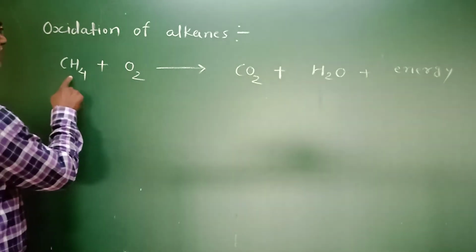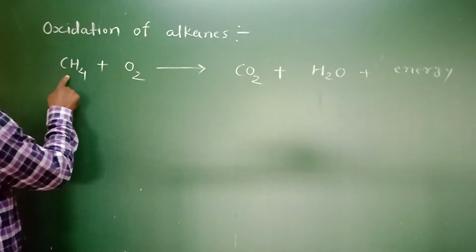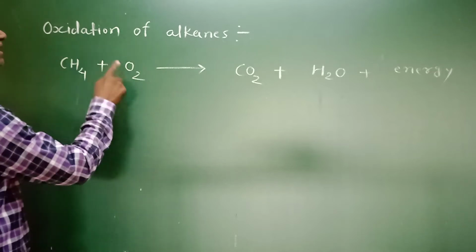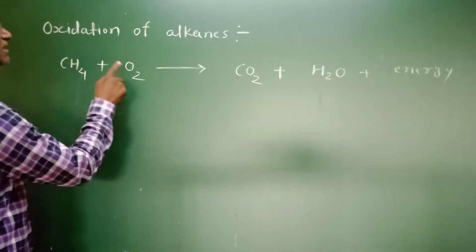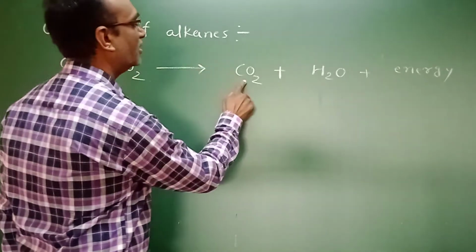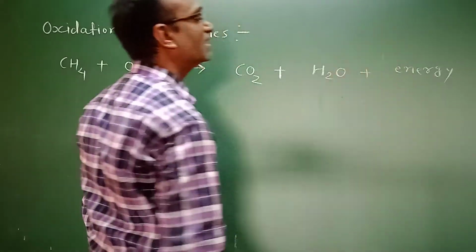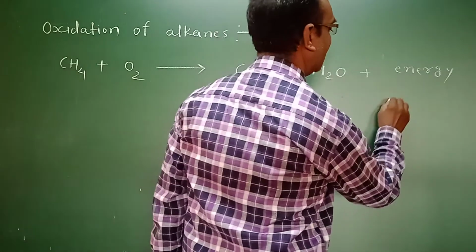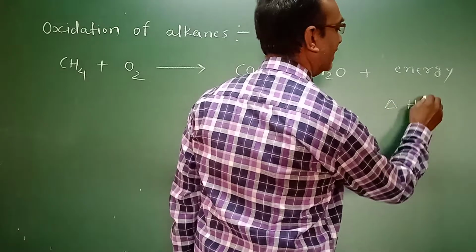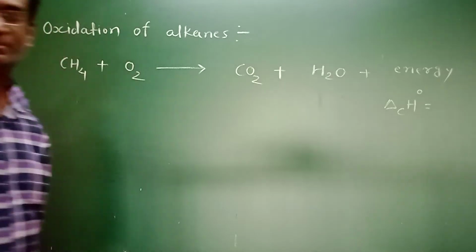That means if we heat this methane in air, it reacts with oxygen present in air to form the corresponding CO2 and H2O. During this reaction, a high amount of energy is given out, which is indicated by the enthalpy of combustion or standard enthalpy of combustion.